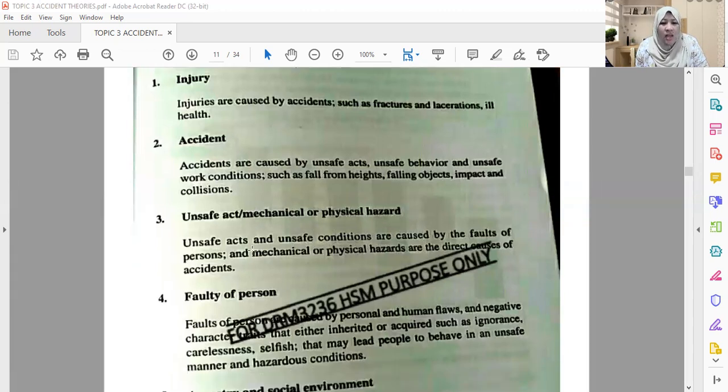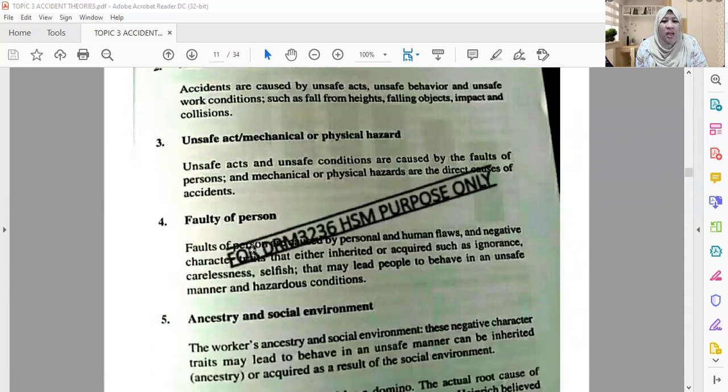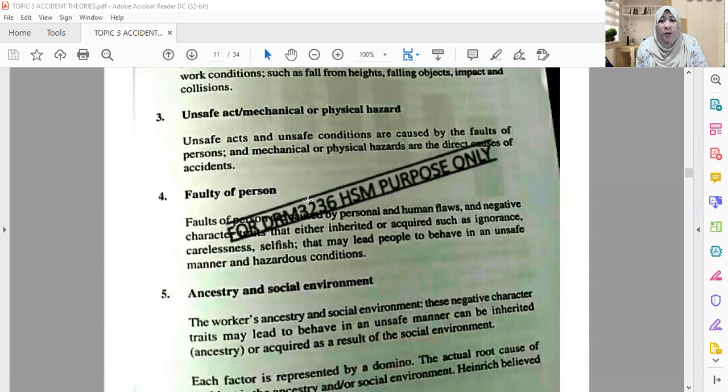And then number three, unsafe acts, mechanical or physical hazard. Okay, unsafe acts and unsafe conditions are caused by the faults of the person, meaning to say the person is not ready to work in the safe condition, or they don't take safety and health as number one as their focus, okay, when they are working.